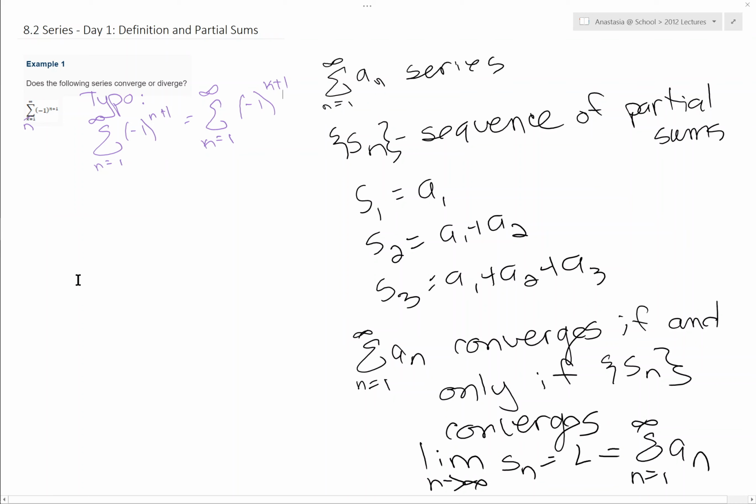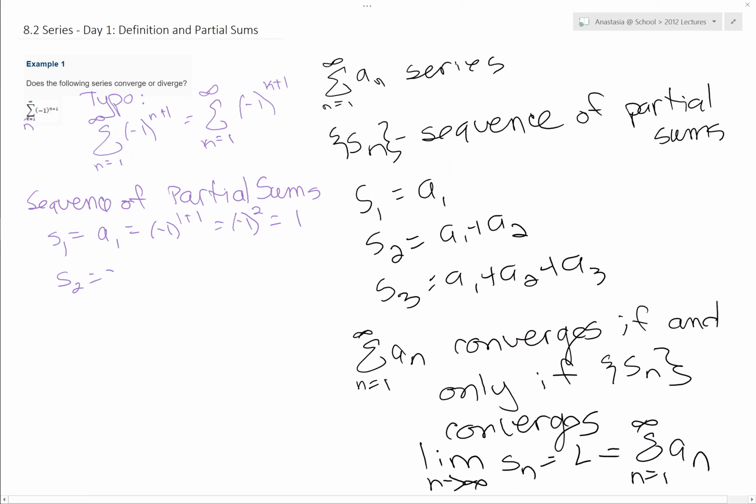So for s sub n, our sequence of partial sums, s sub 1 is a sub 1, so that is the first term in our series. So that would be when n equals 1. So we're going to have negative 1 squared, which is a positive 1.